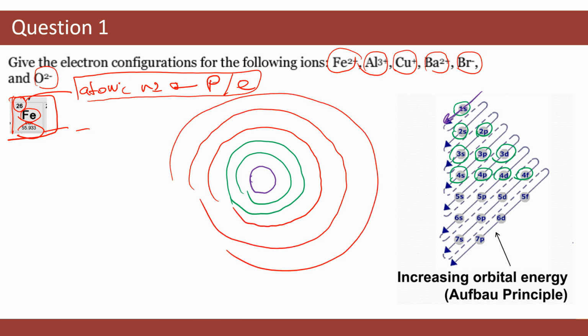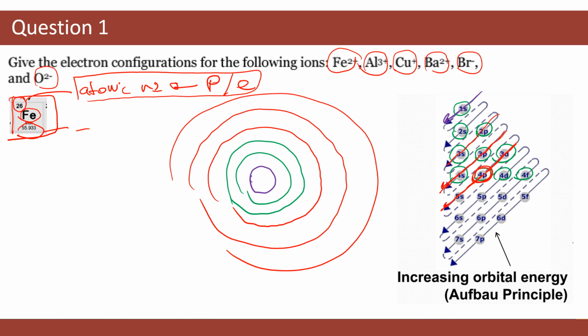But when you consider the fourth shell, after 3D you have 4p, so it's overlapping.